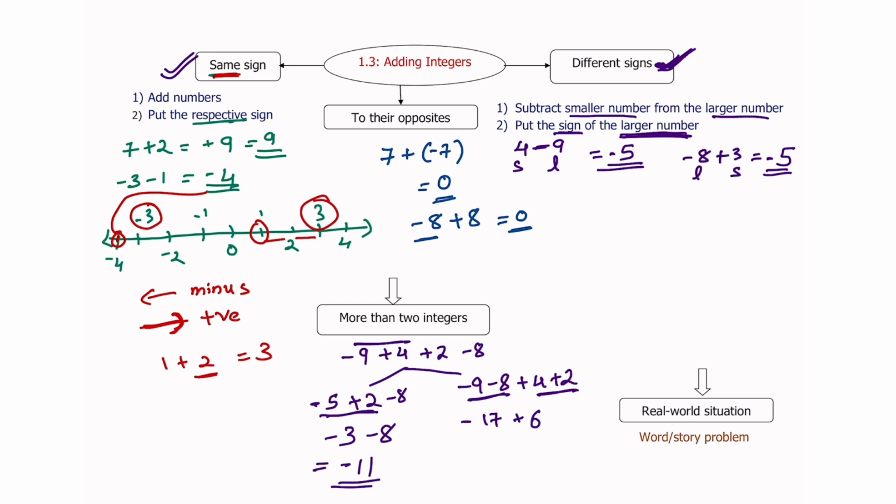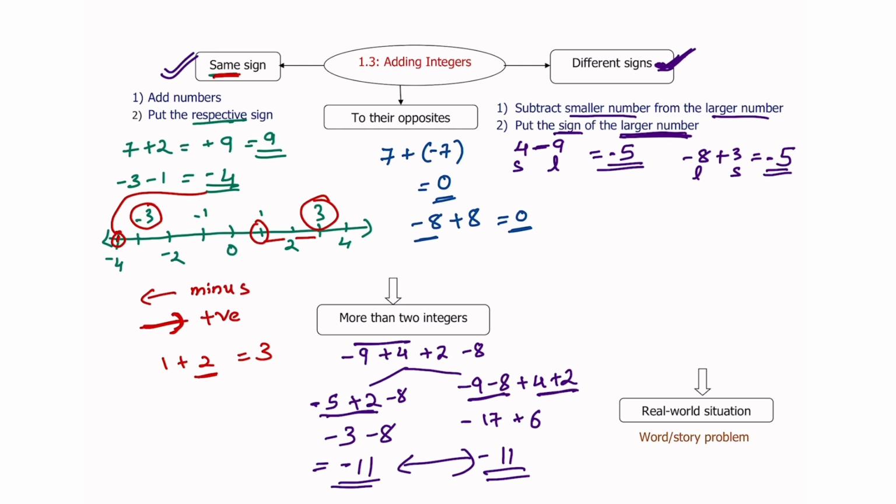Now I go over here. 1 negative, 1 positive. So larger minus smaller. 17 minus 6 is 11 and the sign of the larger number. Do you see it's the same answer? Either way you're going to get the same answer. So this is how you do it when you have more than 2 integers.